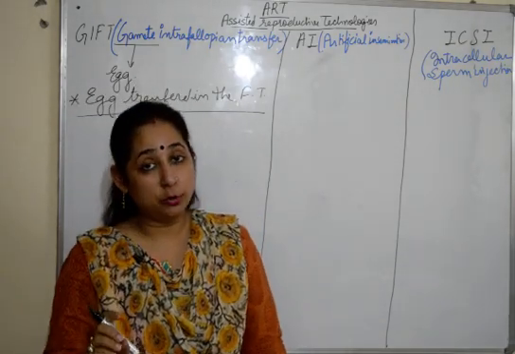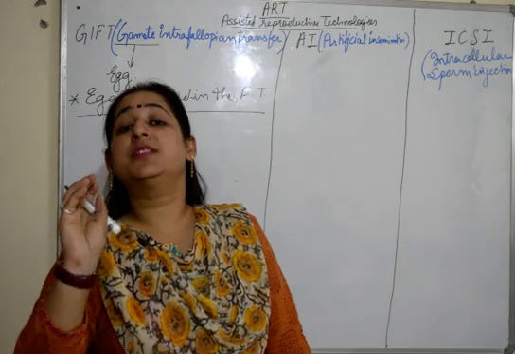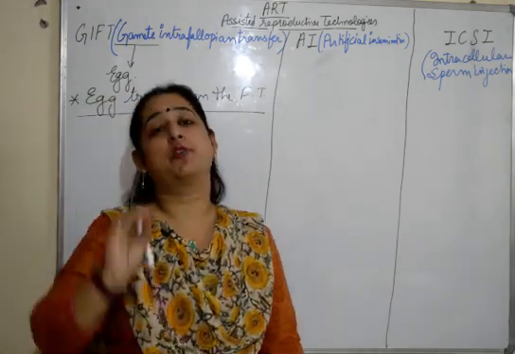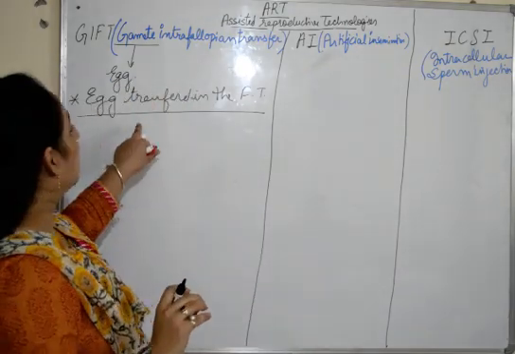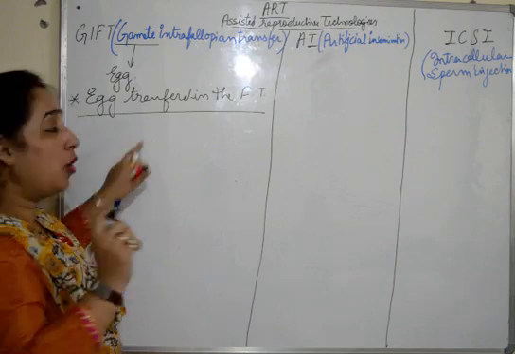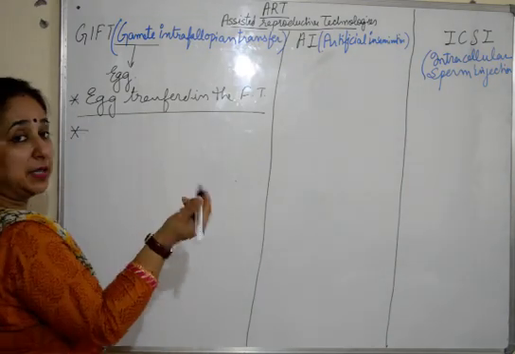But what do we do? We just take the egg from the mother and place it in the fallopian tube. So that is done in this technique, gamete intrafallopian transfer. So why is it done? There are multiple reasons.